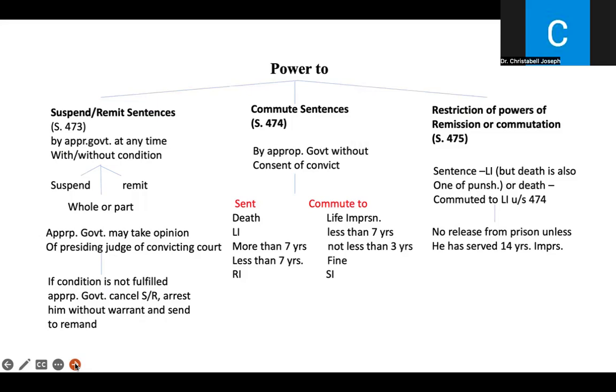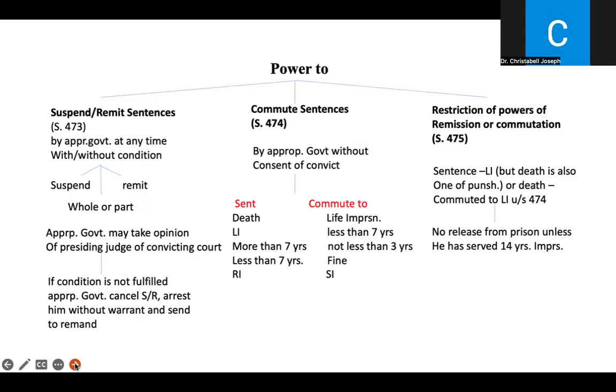Then we'll move on to the next section, that is section 475, which talks about the restriction on powers of remission or commutation in certain cases. There are certain restrictions imposed on the appropriate government in certain cases. Let's see.